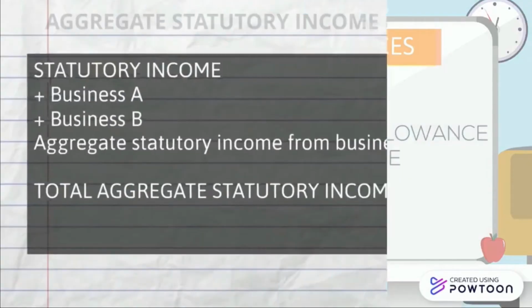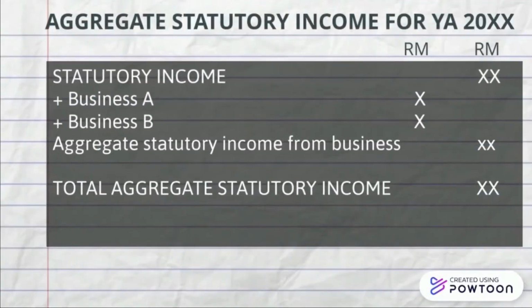Next is how to compute the aggregate statutory income. If they have more than one business type, we need to calculate for each business income and have the calculation of the statutory income for each business type and add up all of those so we can get the aggregate statutory income from business. Then after that would be other investment income from Section 4C, 4D, etc., such as dividend.